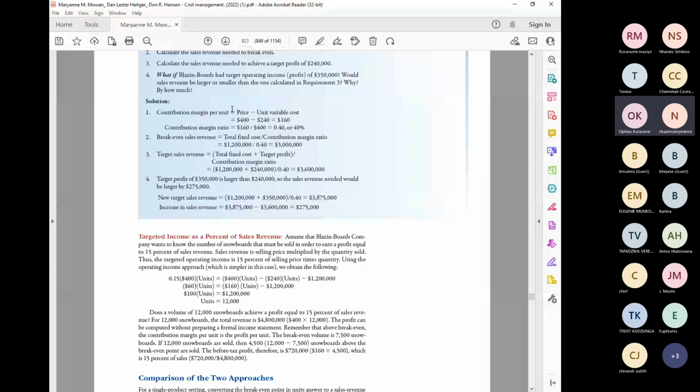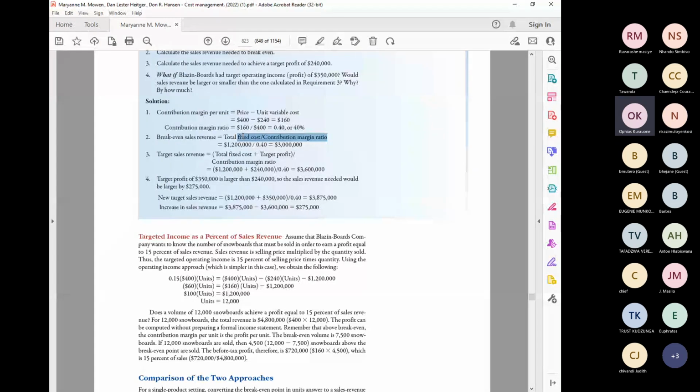So you have to understand the basics, to appreciate the basics. The basics are: contribution is equal to sales minus variable cost. Then when they want a break-even sales revenue, the formula is total fixed cost over contribution margin ratio.